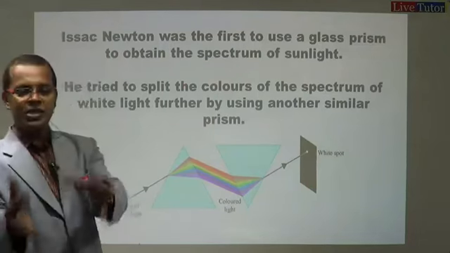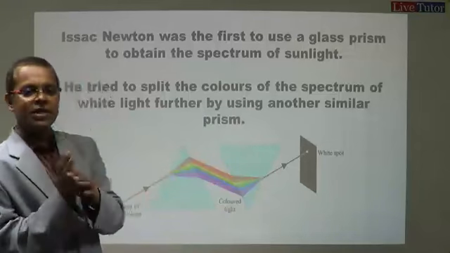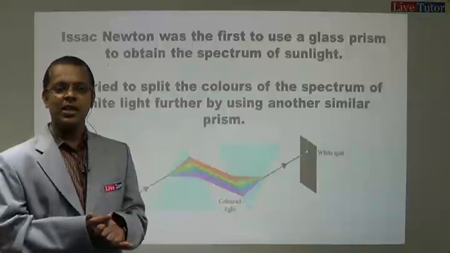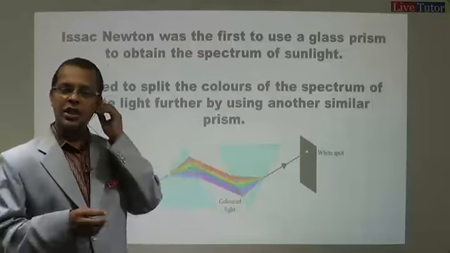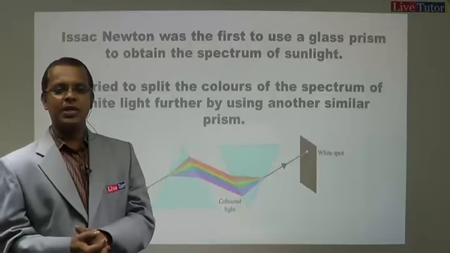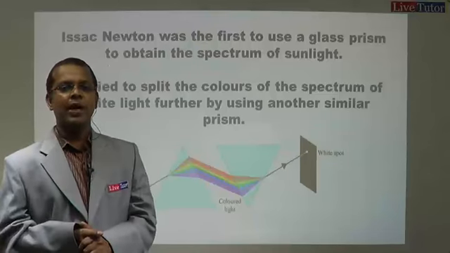He kept one more prism after that, thinking that from 7 colors it may be multiplied to 14 colors or something like 15 colors. He was curious to know whether many more colors are coming out of the prism. But on the contrary to this experiment, he could not get any other color. Up to 7 colors only he was able to get.